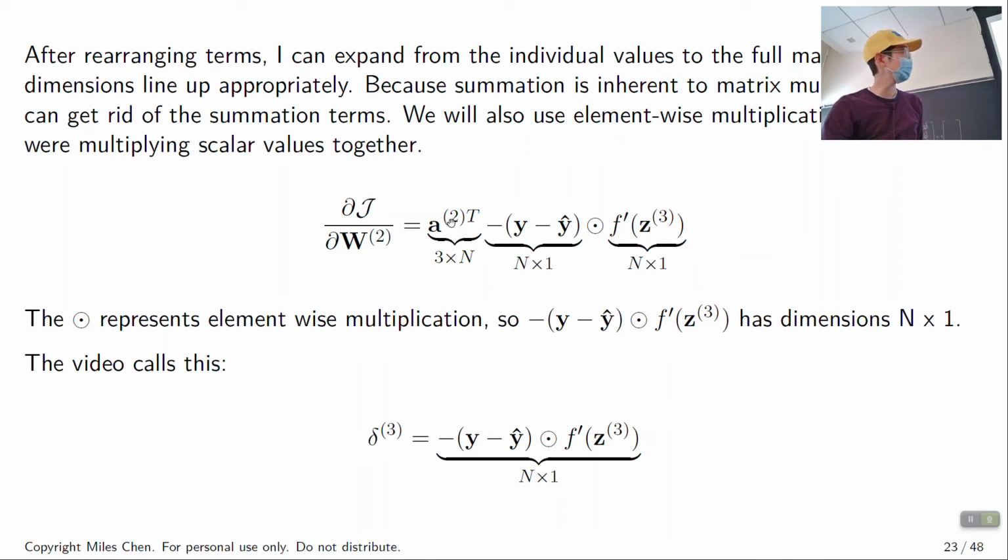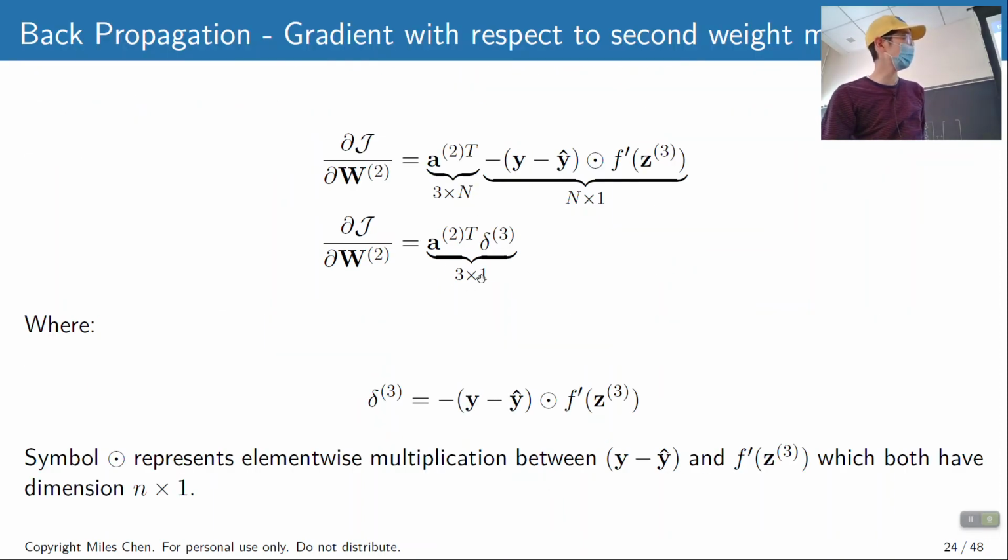And if I do a2 transpose multiplied by this, the result will be 3 by 1. This is also done in the Welch Labs video. So dJ with respect to W2 will be a 3 by 1 matrix, which is what we want. I've got this 3 by n multiplied by this n by 1, and we get a 3 by 1 matrix.